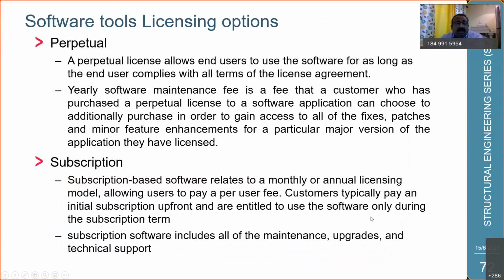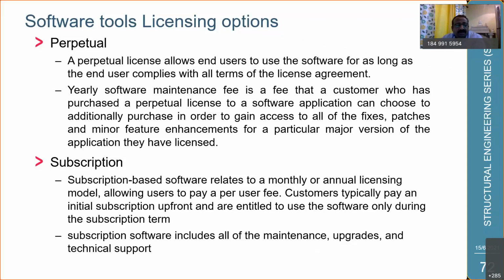The software and tool licensing options. Different options are available, like perpetual and subscription. When you are adopting any new software, you can check these. The perpetual license allows the end user to use the software for as long as the end user complies with all terms of the license agreement, and there will be a small fee attached to that. There is maintenance, which includes maintenance, upgrades and technical support.